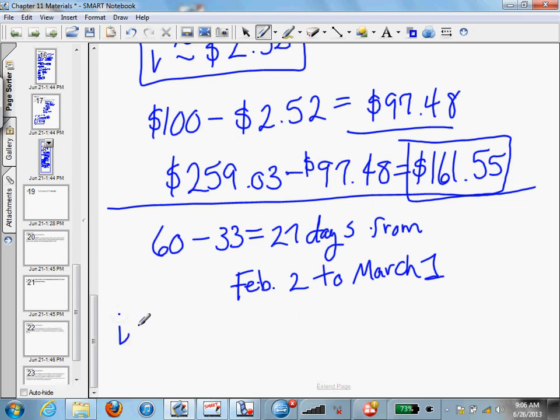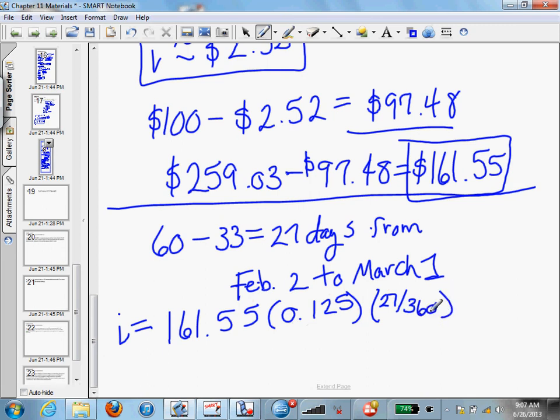Okay, so let's finish her up. We have the interest is equal to the amount left, $161.55, times the interest rate of 0.125, times the number of days, which is 27, divided by the number of days in the year. And if you calculate that, the interest is going to be $1.51.